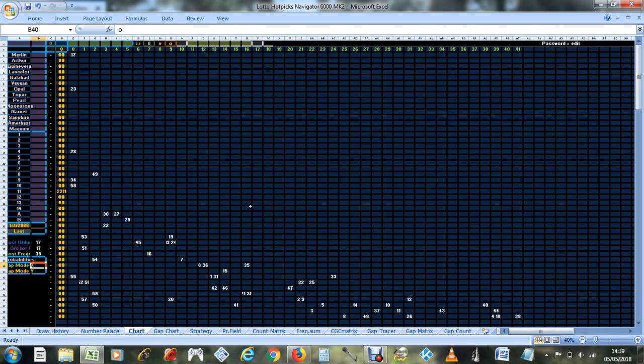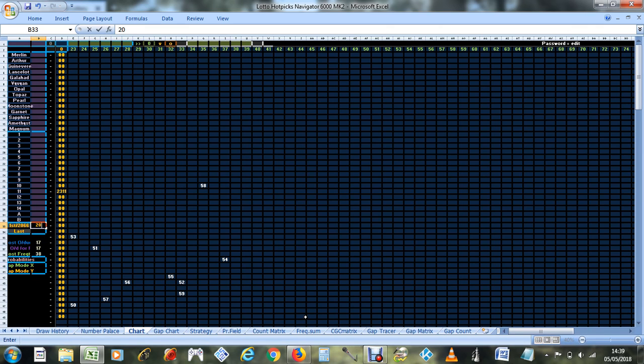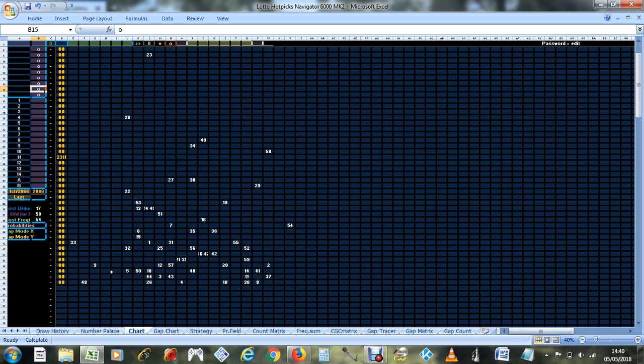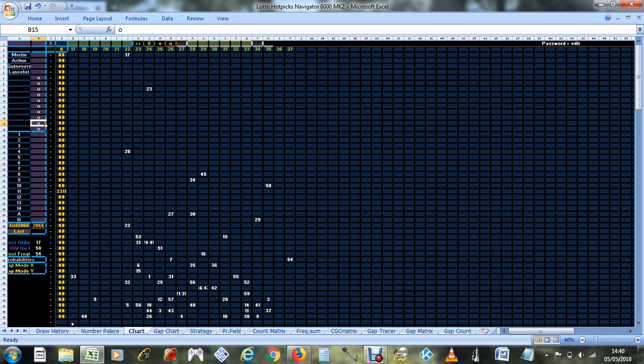Now if you look at a normal chart, and this is for recent history, and it's all the machines, all the sets of balls that have been used since the numbers went up to 59.